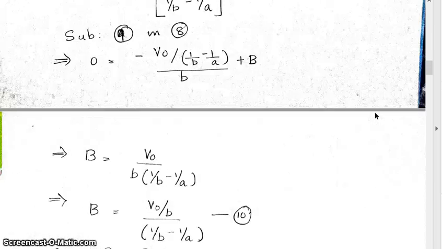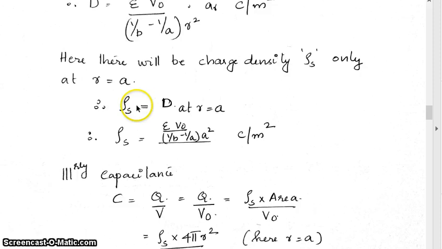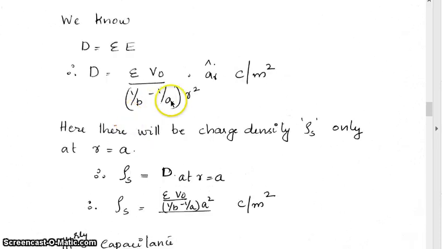So here we can say that the charge density rho s is equal to D at R is equal to A.